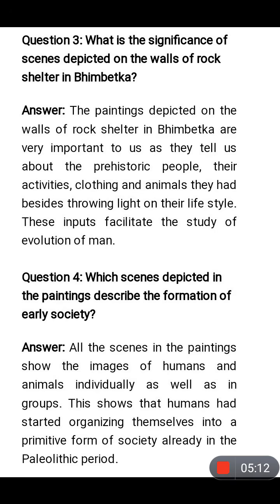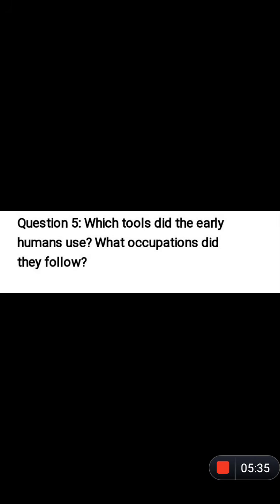Okay, so the answer is: all the scenes in the paintings show the images of humans and animals individually as well as in groups. This shows that humans had started organizing themselves into a primitive form of society already in the Paleolithic period.